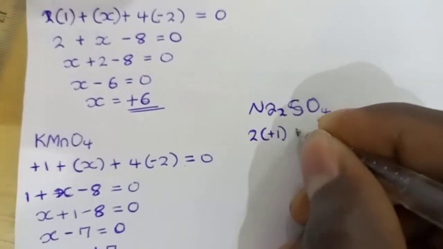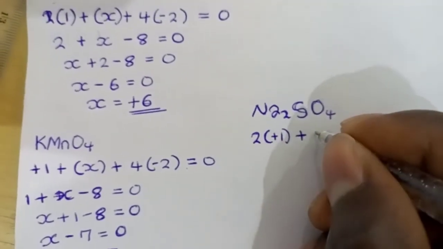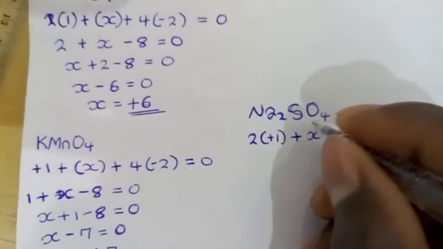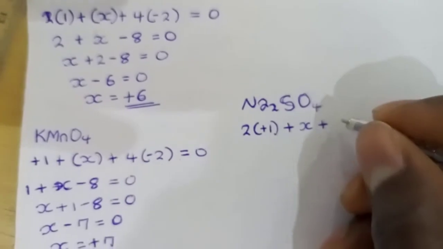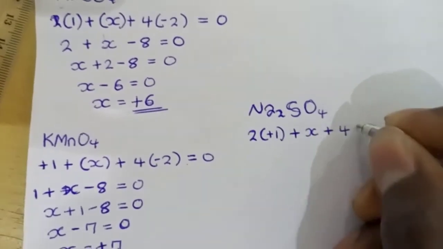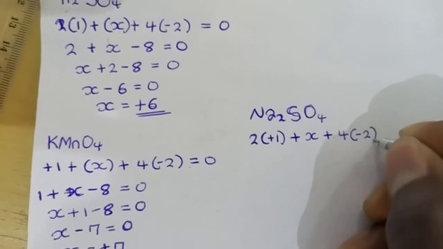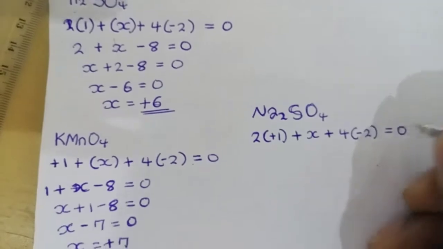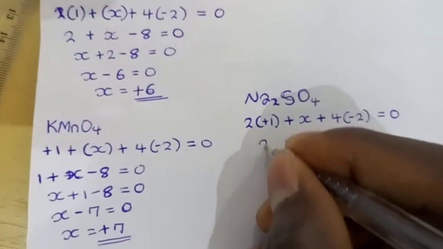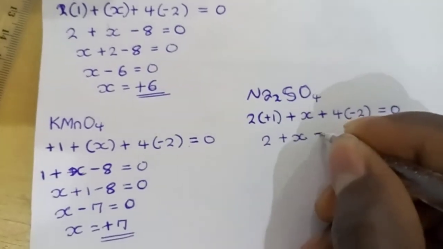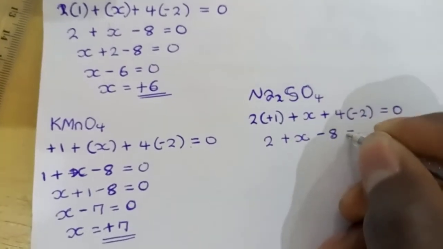Plus, we are looking for the oxidation number of sulfur, so let's call it X. Plus, this is not a peroxide, so the oxidation number of oxygen is -2, 4 times -2. This is a neutral compound, so we equate everything to 0. So 2 plus X minus 8 equal to 0.